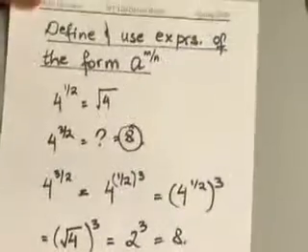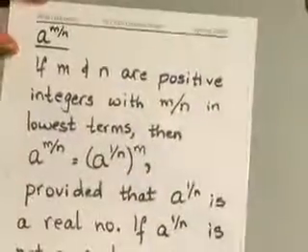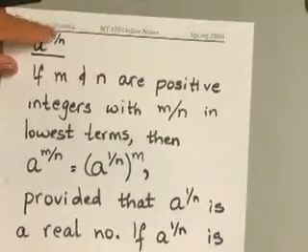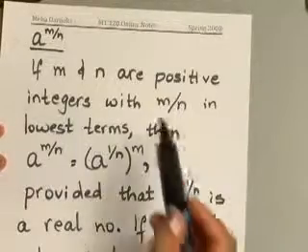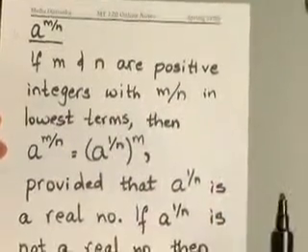So to give you a more formal definition for this form, let's see what that looks like. Anytime you come across this form a to the m over n, remember that m and n are positive integers, where m over n, being a fraction, is in lowest terms.